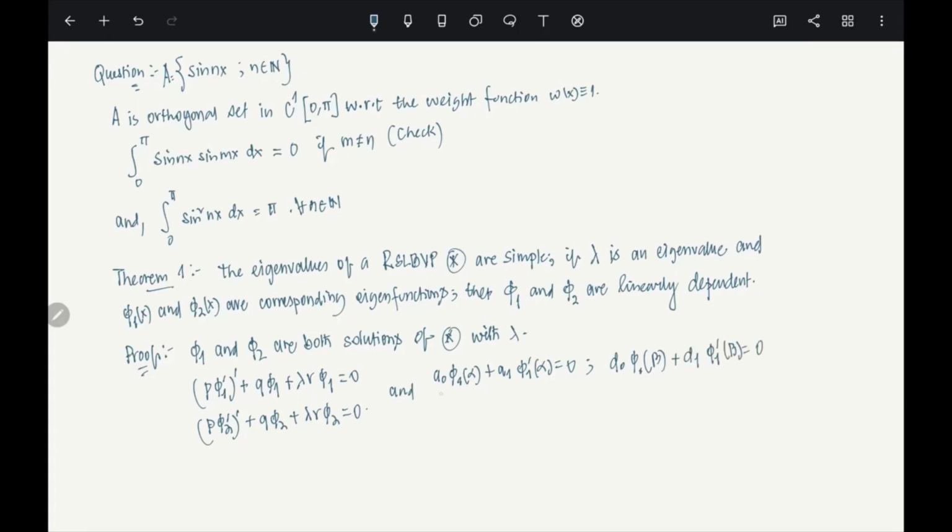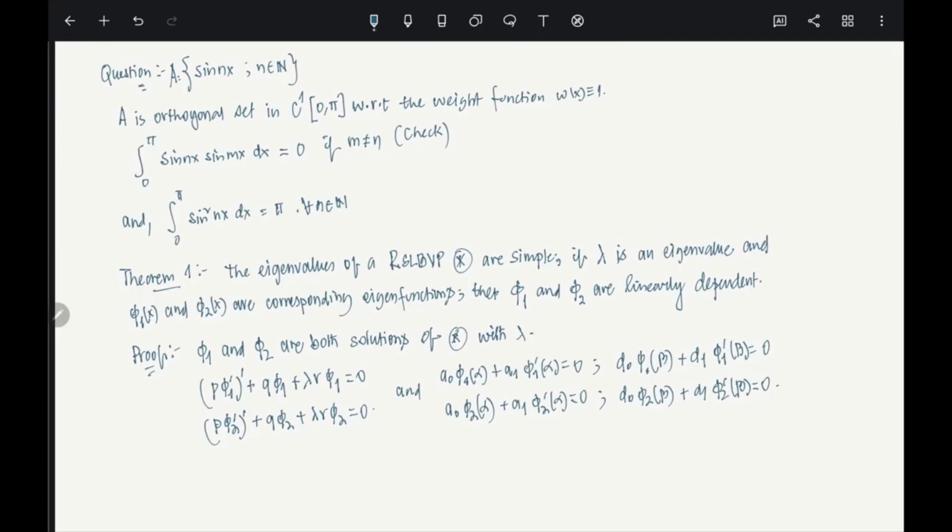Similarly, phi2 also satisfies these: A naught phi2 at alpha plus A1 phi2 prime at alpha is 0, and D naught phi2 at beta plus D1 phi2 prime at beta is 0. So if phi1 and phi2 are both eigenfunctions corresponding to the eigenvalue lambda, then all these conditions hold.